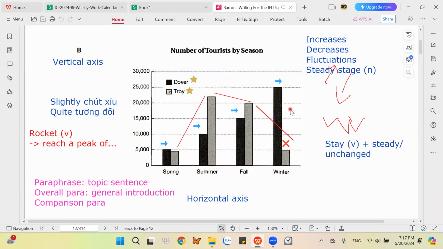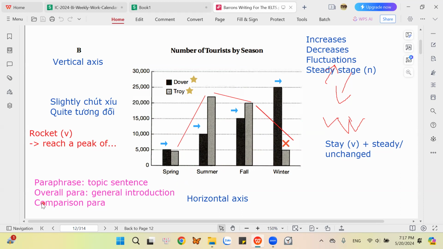However, tourists traveling to Troy unstably increases or decreases.